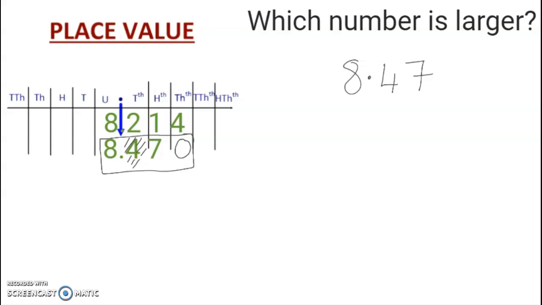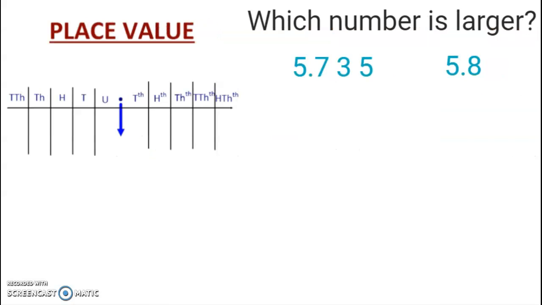Let's go for one more example and then you can have a try. So again, I have two numbers of different lengths. 5.735, three numbers after the decimal point, and 5.8.